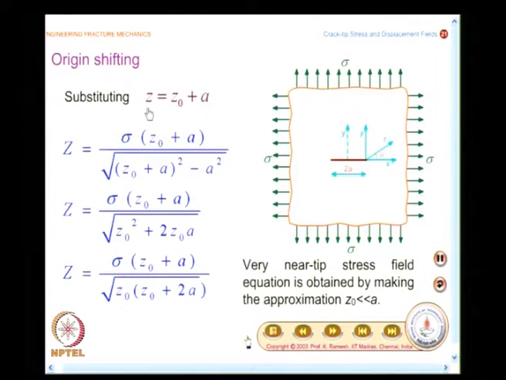So, when you substitute small z equal to z naught plus a, where z naught is this distance measured from the crack tip, your Westergaard stress function would change, and it would be something like this. As engineers, what we want to find out is the stress field in the very near vicinity of the crack tip.